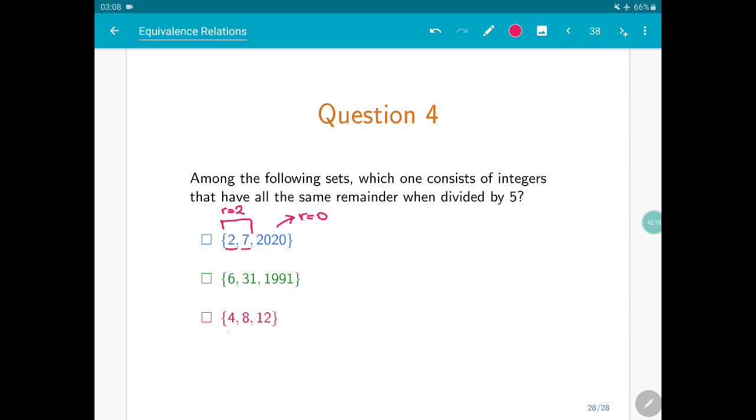In the last case, 4 has remainder 4, 8 has remainder 3, because 8 is equal to 5 times 1 plus 3, and 12 has remainder 2. So for sure, these do not have the same remainder, while here they all share the same remainder, and this is equal to 1. So this is the correct answer.